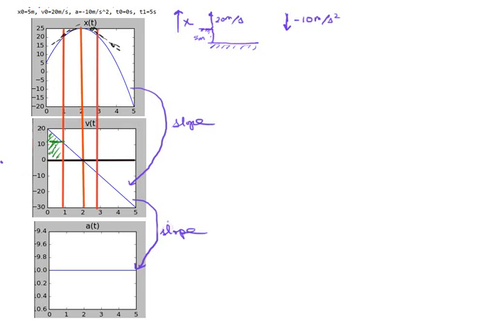So the area under the v versus t curve gives the displacement undergone by this object, not the position, the displacement. Remember, displacement is a change in position. You can say a similar thing for the area under the a versus t curve and the change in velocity. That's not something we're going to focus on as much, so I'll just leave it where it is right here.